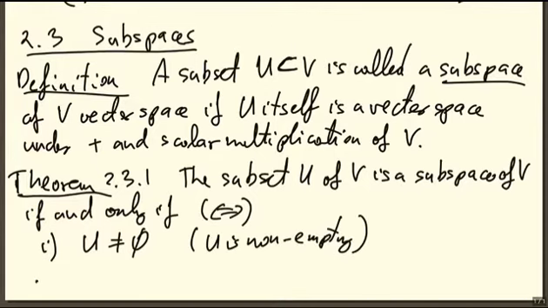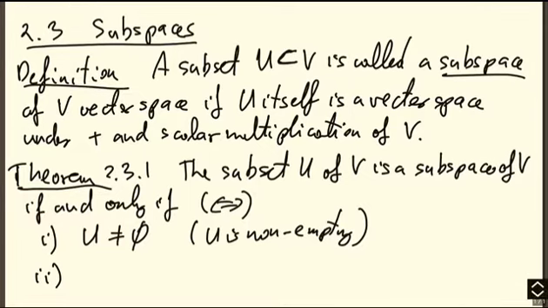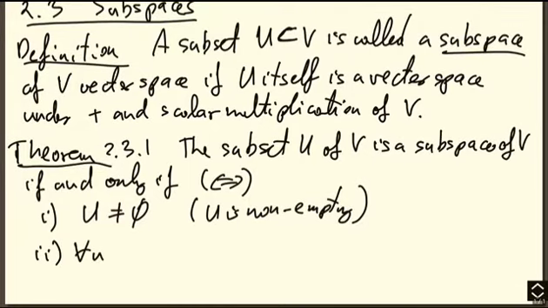Then the second property is that for all vectors u, v from this subset U, u plus v is also in the subset U. In other words, U is closed under addition.